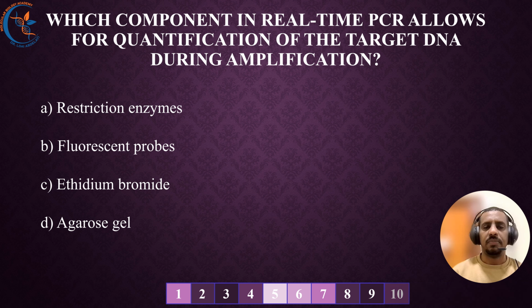Fluorescent probes such as TaqMan or SYBR Green emit light proportional to the amount of amplified DNA, enabling real-time monitoring and quantification. Other options: restriction enzymes cut DNA, ethidium bromide stains DNA post-amplification, and agarose gel is used for electrophoresis, right? So none of which allow real-time quantification.